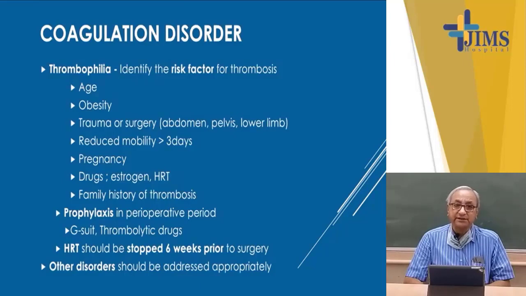What are the prophylaxis? There is something called a G-suit, which is a tight legging which is put on both the legs, so that the deep vein thrombosis, which usually clots in the calf muscles, will not be dislodged and go and hit the pulmonary artery, causing cardiac problems.